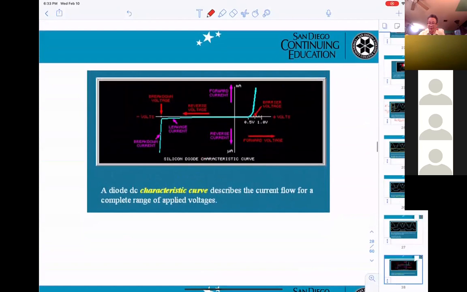Now, this one talks about the relation between the voltage and the current of the diode, like another student asked me last time. Basically, this stands for the current ID, and this stands for the voltage VD.